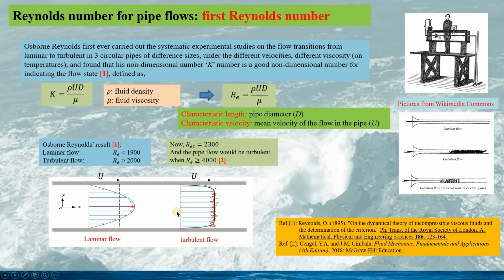However, if we consider the maximum velocity, in the laminar flow, it is a well-defined parameter. But in the turbulent flow, the maximum velocity would be very confusing. So that's why the general definition for the Reynolds number for the pipe flow uses the mean velocity of the flow in the pipe.